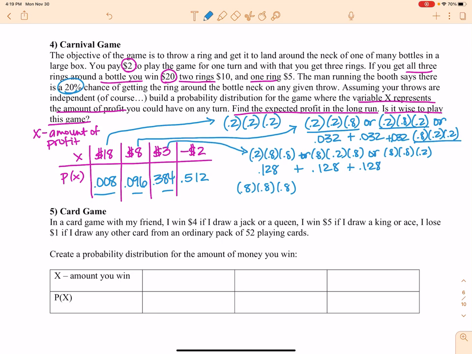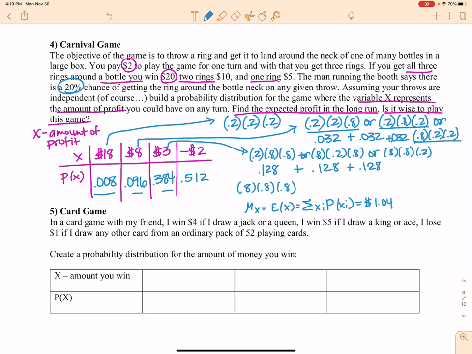All right, so find the expected profit in the long run. So my expected profit, of course, is going to be my weighted average. So I'm just going to write this down here. And then, of course, I am going to go to Staplet and find the answer. I'm not going to do that in this video because we've done that enough. I get $1.04.